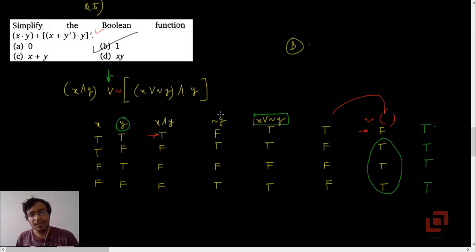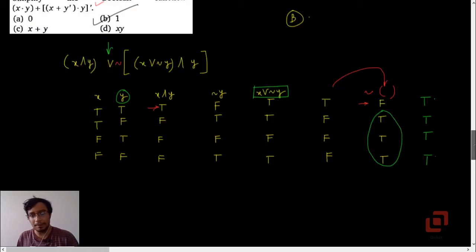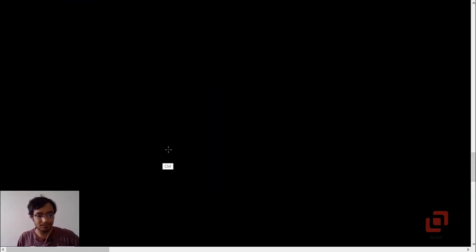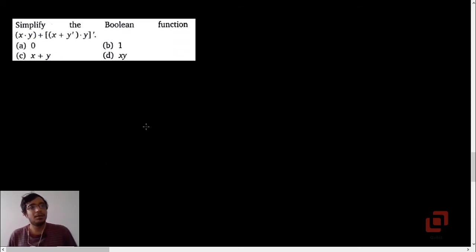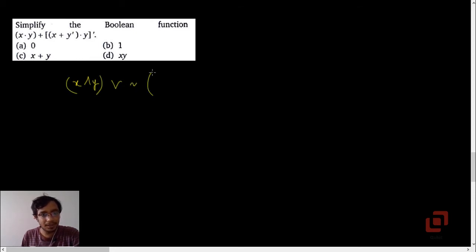Now you can also solve this problem with the help of laws of logic. So let's quickly do that as well. We will first write down the given proposition, which is x and y or negation of x or negation y and y.